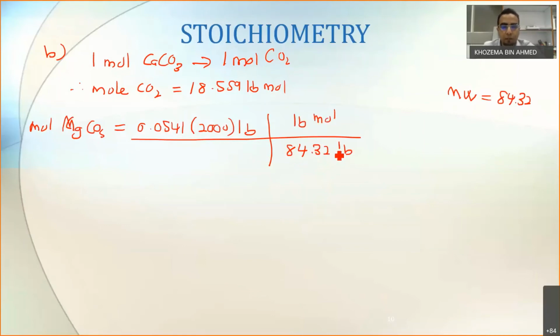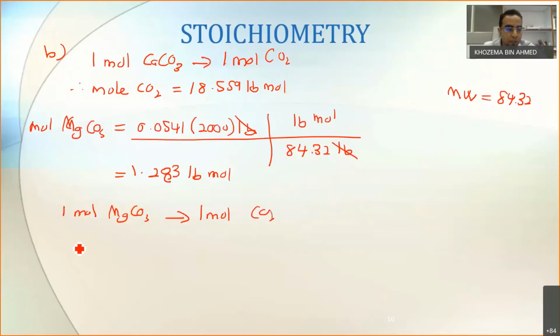Again, with unit cancellation, we get the mole of magnesium carbonate in our system equal to 1.2283 pound mole. Using the same relationship and our stoichiometric coefficient and ratio, I can say that 1 mole of magnesium carbonate will produce 1 mole of CO2.